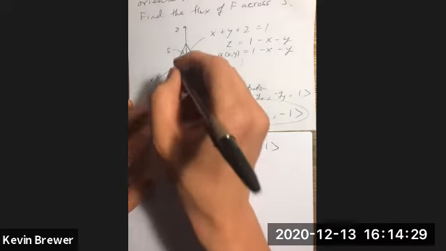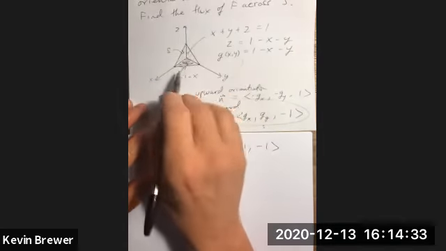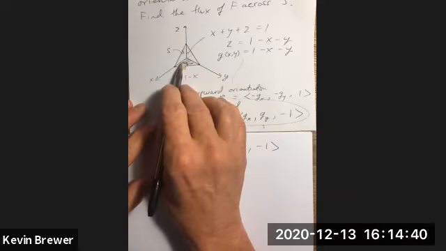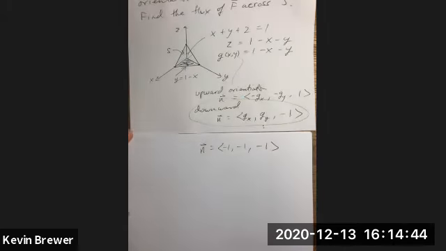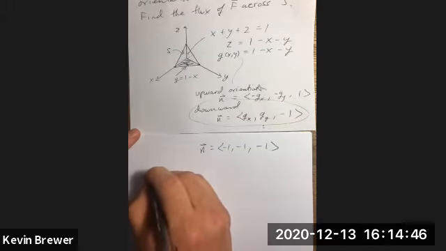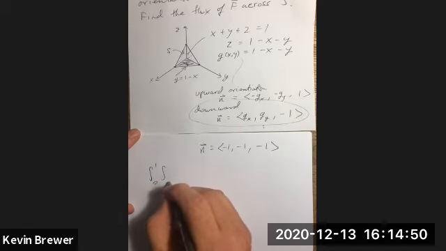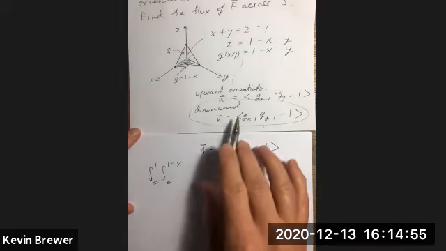And so we could go through the region like so, from y equals 0 up to y equals 1 minus x, and then x 0 to 1. So we can go 0 to 1, 0 to 1 minus x, and then we're looking to do F dot n dA.